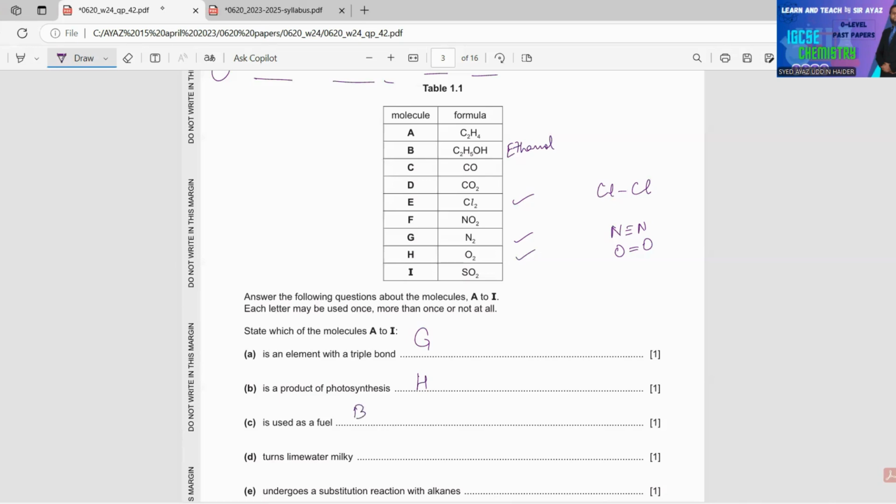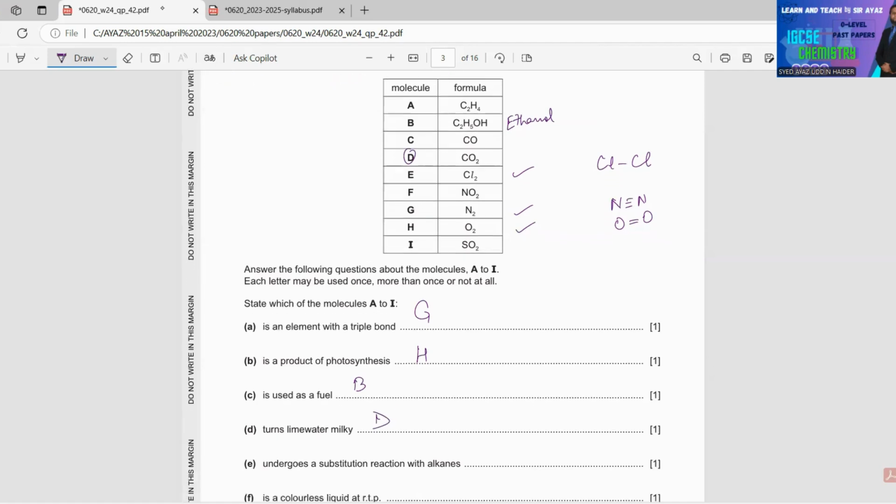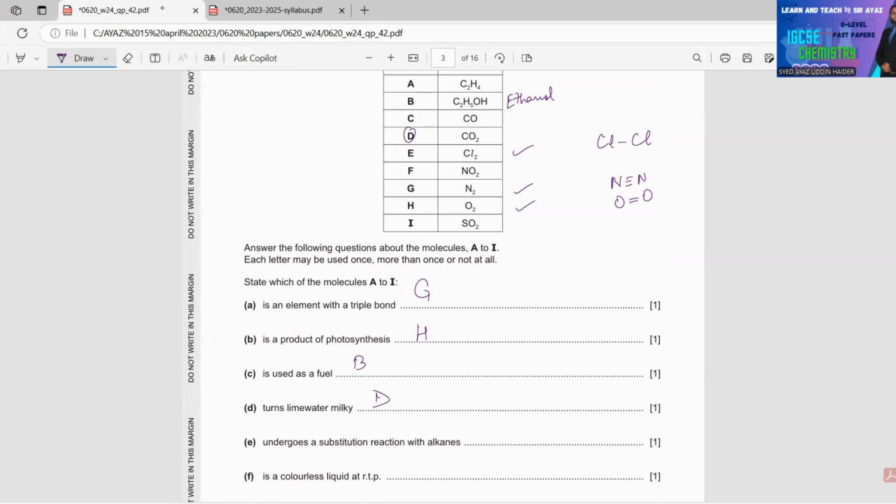D turns lime water milky. We all know that's carbon dioxide. So I'll write D here. Part E undergoes a substitution reaction with alkanes. Now, alkanes undergo substitution reaction in the presence of ultraviolet light with halogens. So we have one halogen here, which is Cl2.